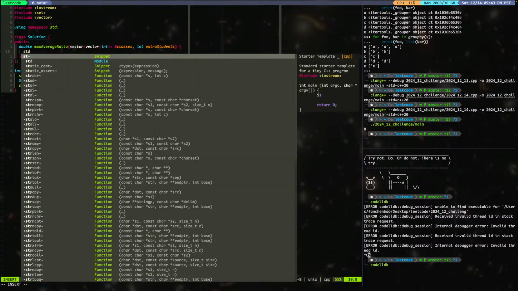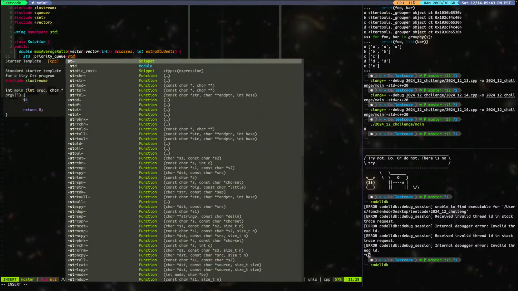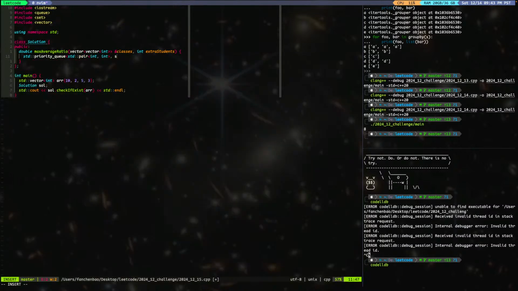So it's a std priority queue. It's gonna be a pair of int and int. Vector of pair.